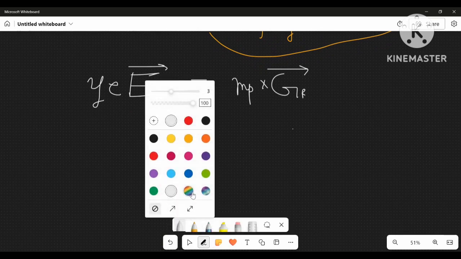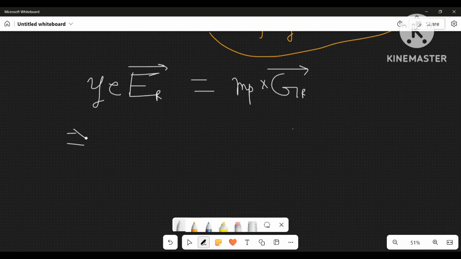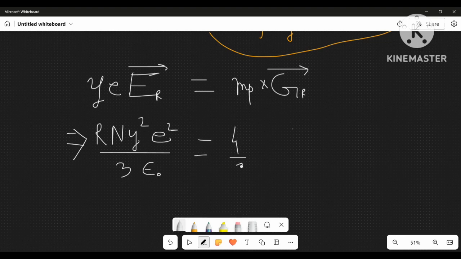So that becomes, if you solve this, R N y square e square by 3 epsilon naught. This equals 4/3 pi R G N, which is the number density, times mass of a proton squared, because they appear two times.